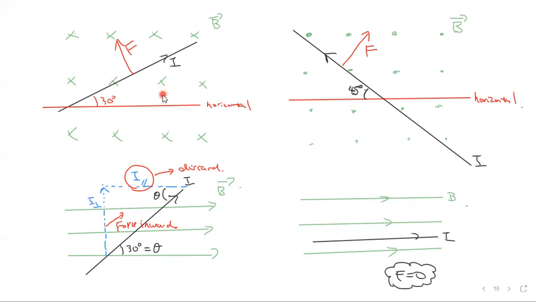So take out a pen and put it in front of you and stick it into the page, right? And then get out another pen to represent the current. And this current is going to lay flat on the page, going diagonally up the page.